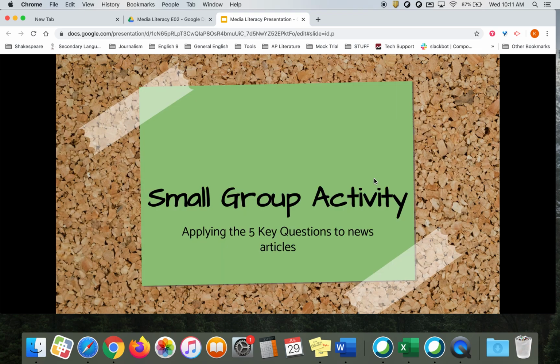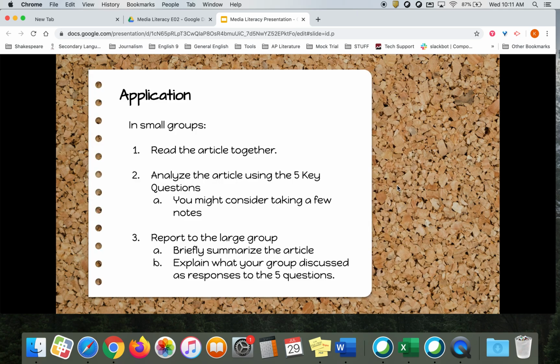The next thing would be a small group activity, and this particularly will depend on what small groups look like in this COVID-19 era, but I do think that students could also potentially do this as an online activity, so I'm hopeful for that. It might take a little bit of tweaking, but I still think it would be something they could do.